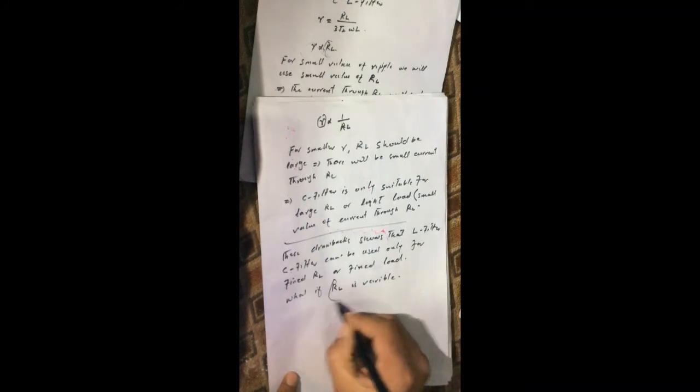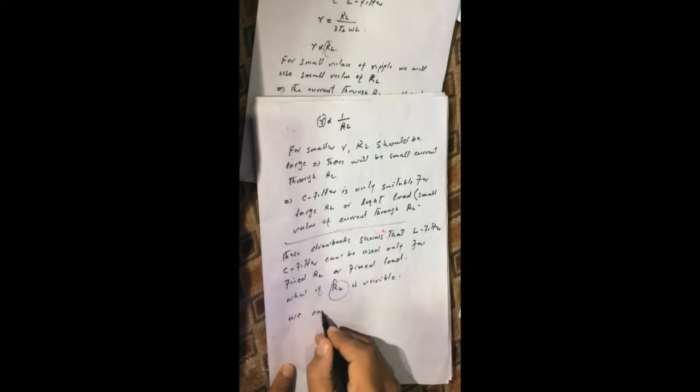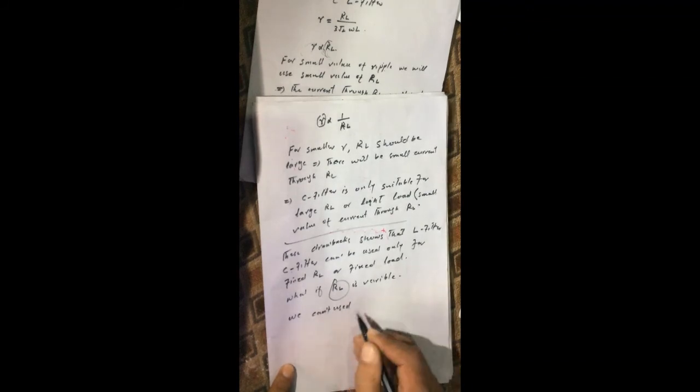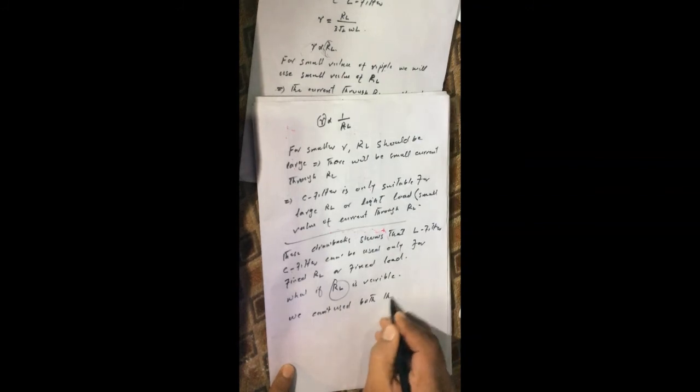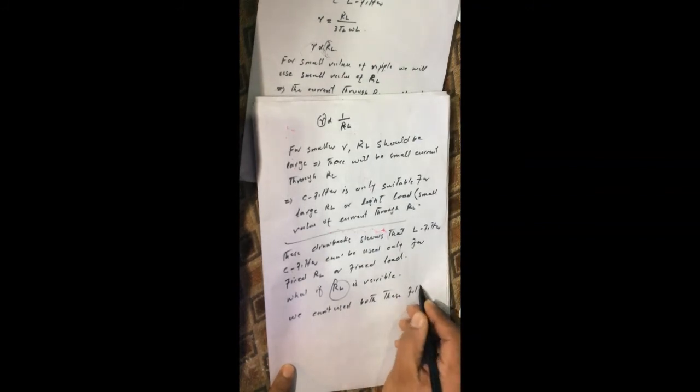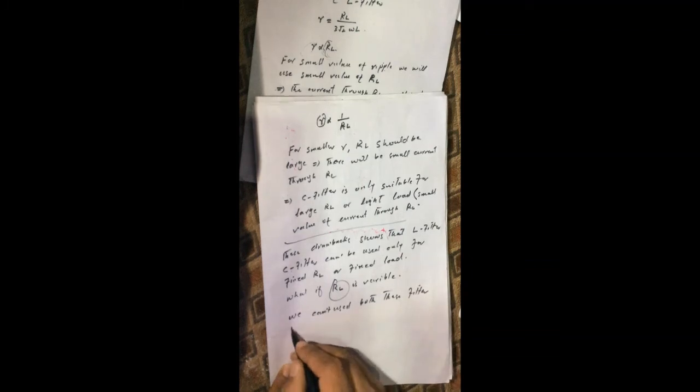If we are using a circuit in which this load resistance is variable, sometimes its value is small, sometimes its value is large, then we can't use both of these filters in the rectifier circuit.